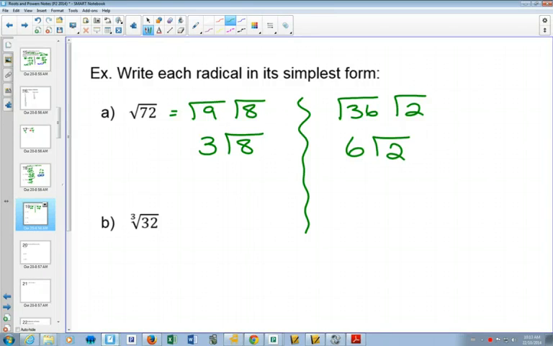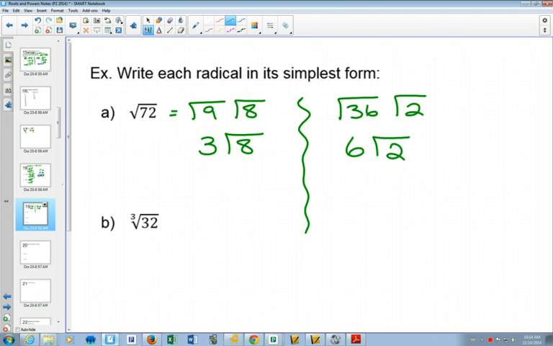Now our answers are different right now. So the question is, which one is simpler? Because when we write it in simplest terms, we need to write it as a mixed radical, and they're both written as mixed radical, but one is in a simpler term than the other. And we would say that this on the right is in a simpler term because square root of 8 can still be divided by another perfect square.